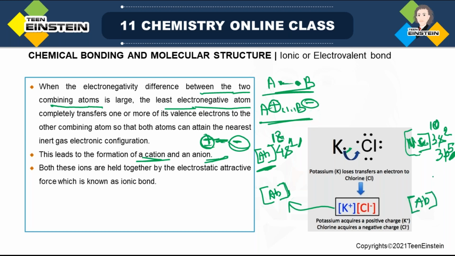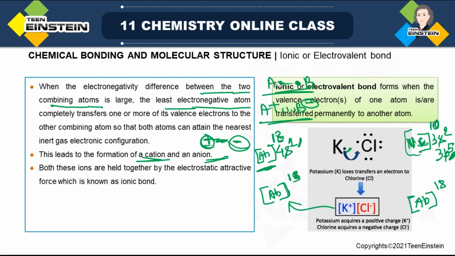Chlorine, previously atomic number 17, is now 18, and potassium atomic number is 19. Now as it has lost an electron, this is also 18. So both have reached this type of configuration, and that is the purpose of this donation or acceptance of electron. Fine.